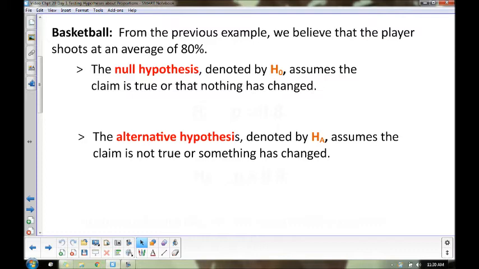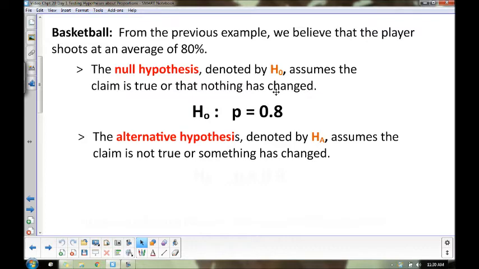Well, we're going to say that nothing has changed from that. So the null hypothesis is written as H sub 0: P equals 0.8. My null hypothesis is that the probability of his shots on average is 0.8.